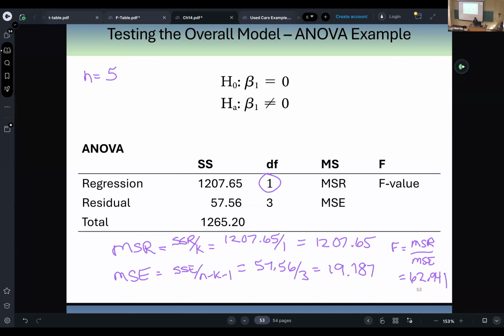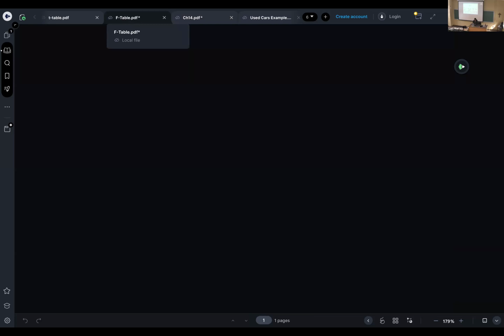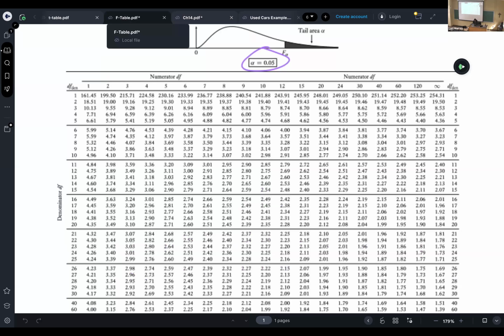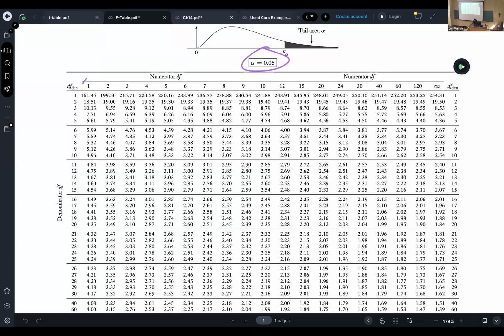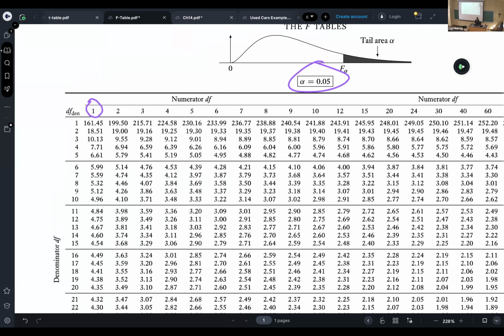And then we need a denominator. We use this one. So remember how these were in the denominators, right? Those correspond to the degrees of freedom for the F critical value. So 1 would be the numerator. So I would look at 1 right here. All right.